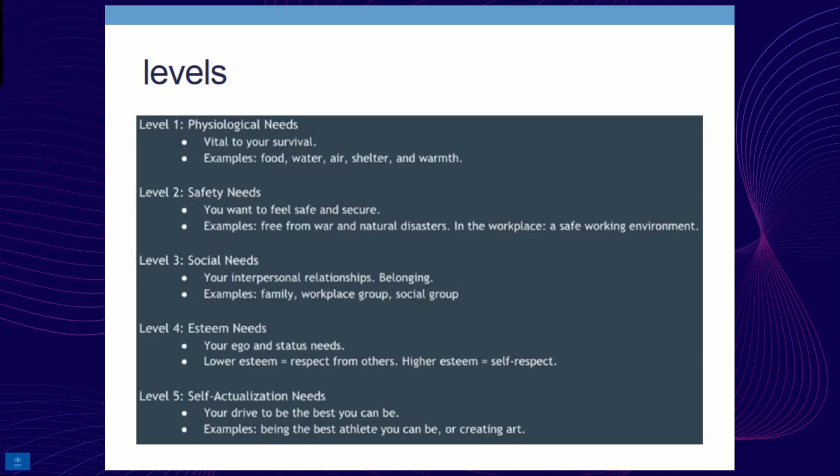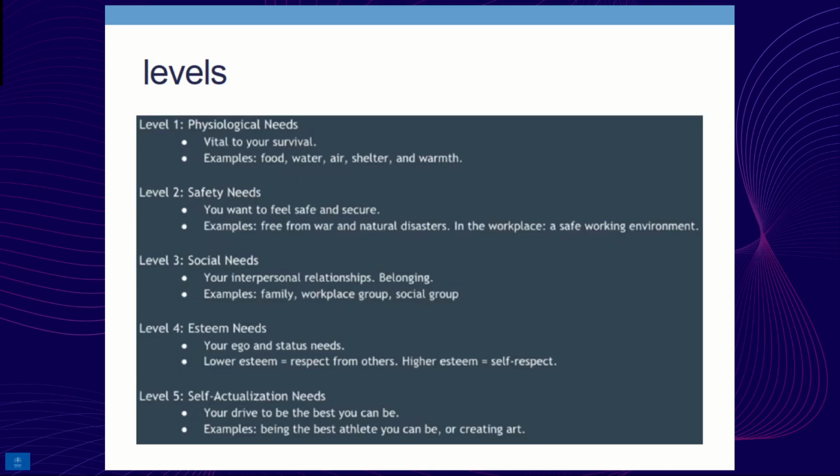In a nutshell, you want to feel like you are making a contribution to the world and that others recognize this contribution. According to Maslow, there are actually 2 sets of esteem needs, lower esteem and higher esteem. Lower esteem is simply the need for respect from others, whereas higher esteem is self-respect.